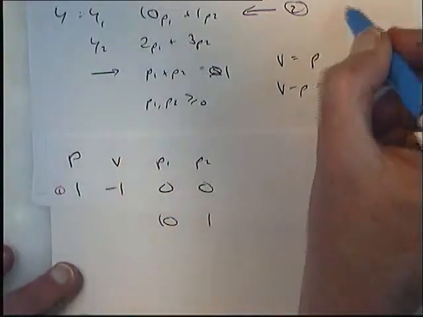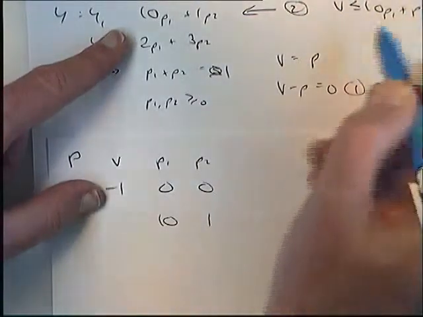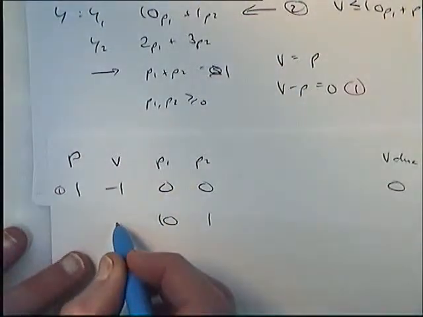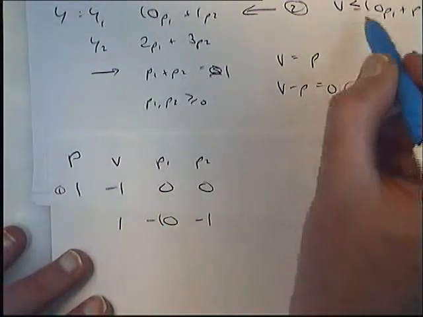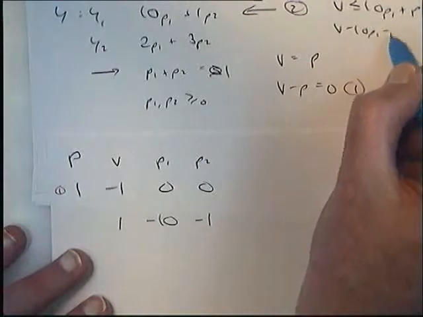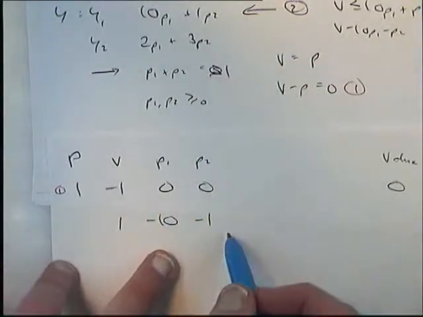And because, remember, the value of the game is less than that, there's a 1 that goes in here, and I need to make those minus, which I should have said. Because what I'm really saying now is v minus 10p1 minus p2. So I'm putting that in here, the v and the minuses.